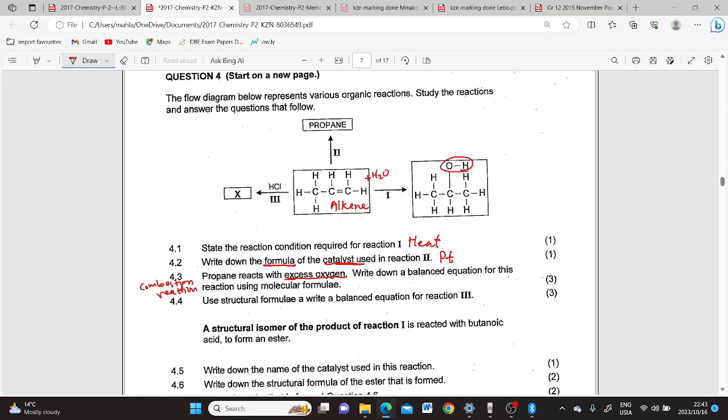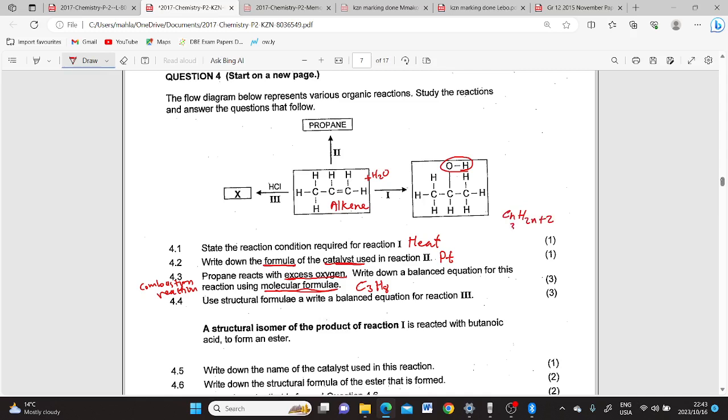Under the combustion reaction, they say use a molecular formula. So a molecular formula means we're not going to show the bonds. So propane is C3, then H, 3 by 2, 6 plus 2, H8, using the formula CnH2n+2. That's why I'm saying 3.